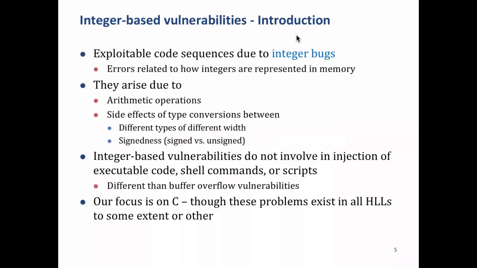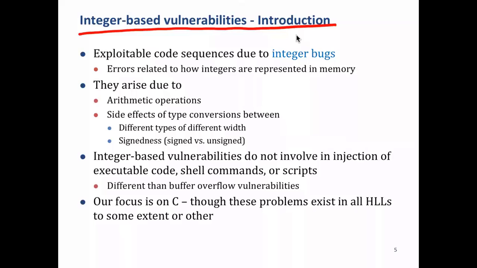A very good number of bugs come because of integer vulnerabilities. And yesterday we have seen the list. You will find that at least one of the most common bugs is overflow or underflow bugs.